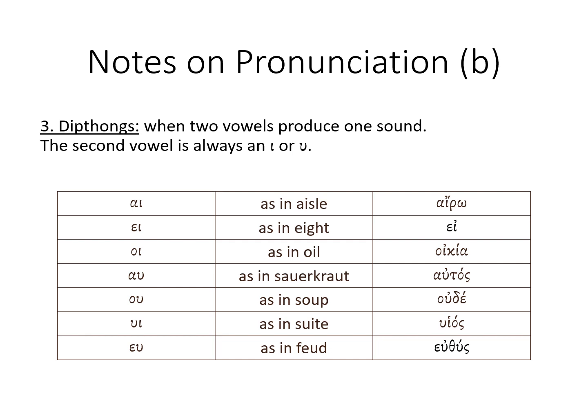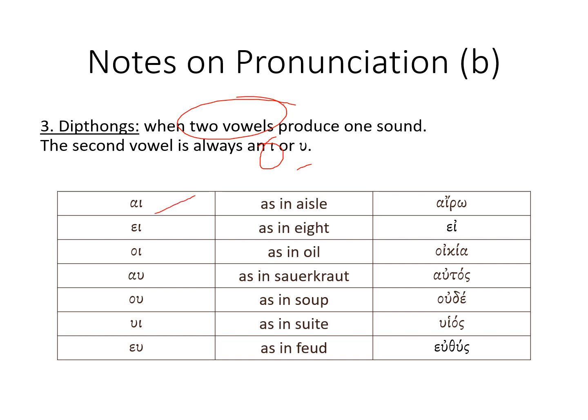One last note on pronunciation here, diphthongs. Diphthongs are when two vowels, so we have a combination of vowels, produce a singular sound. And the second vowel is always an iota, as noted here, or an upsilon. So a few diphthongs to go over.